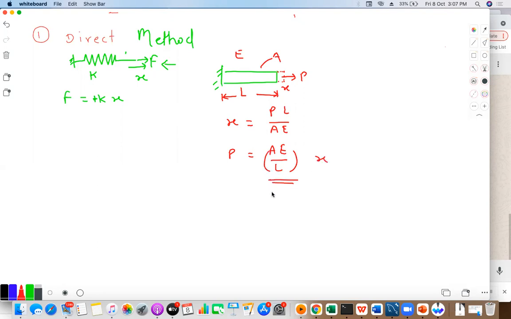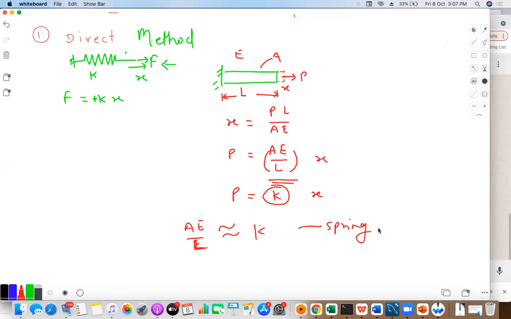So P is equal to k into x, and AE upon L is analogous to k in the spring.